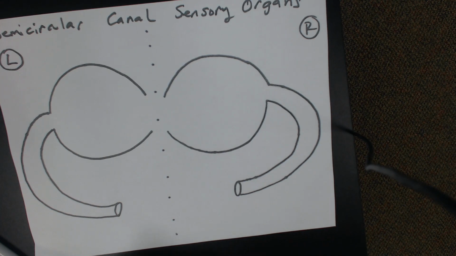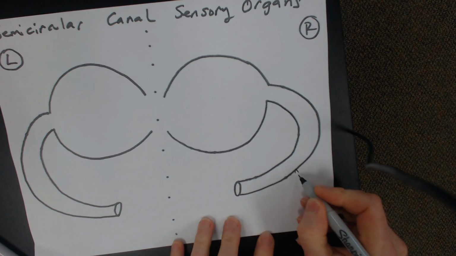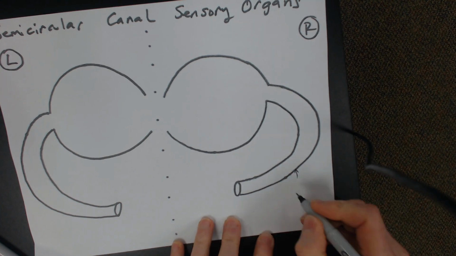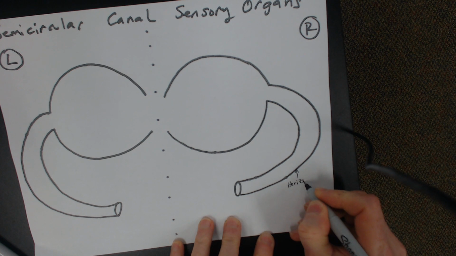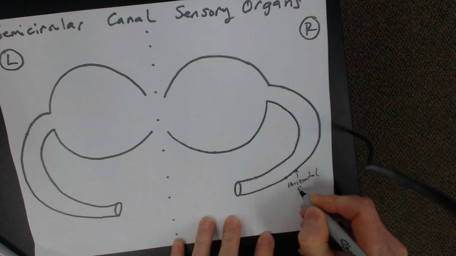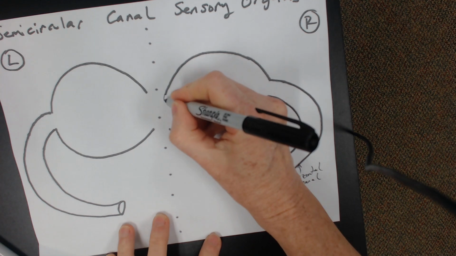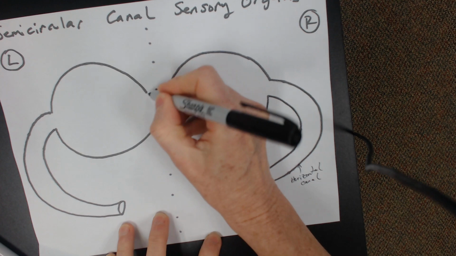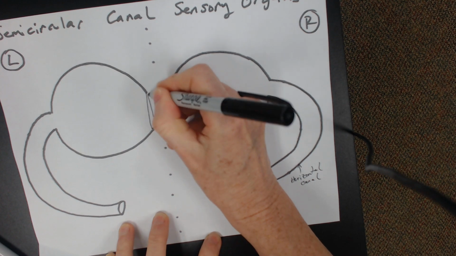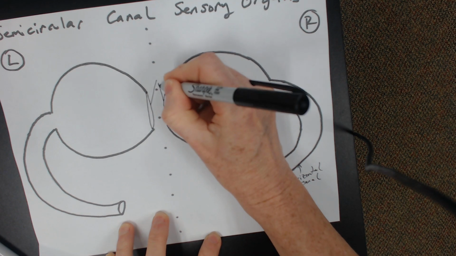These are both horizontal canals, right and left. These are sticking off the sides of the vestibule on the right and the left sides. And realize that there's an opening here on both the right and the left sides. This leads to the vestibule for both of them.